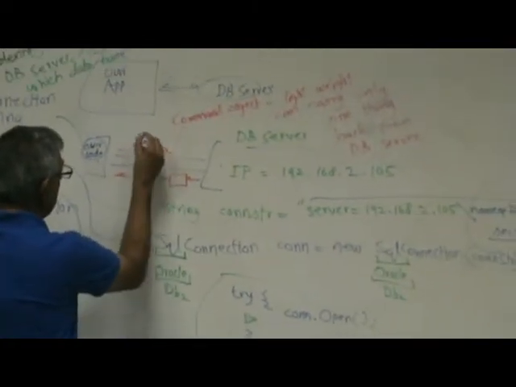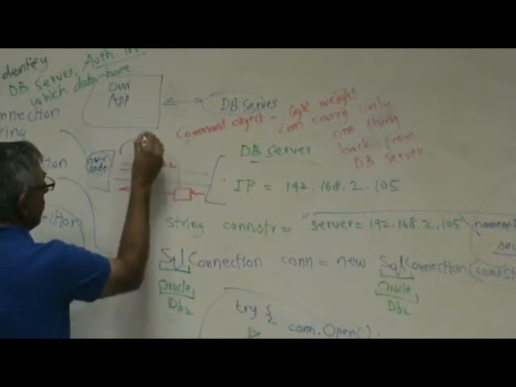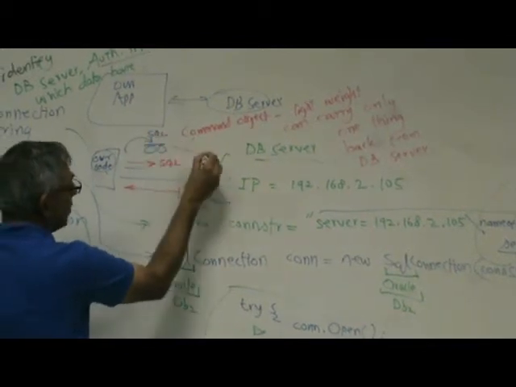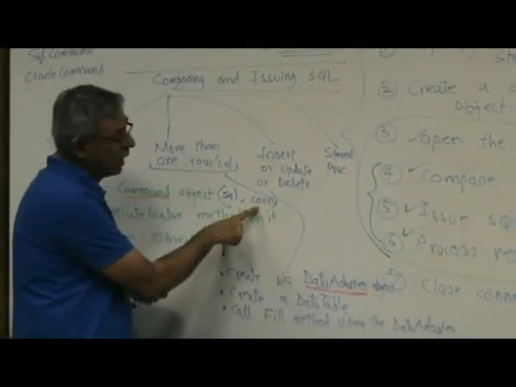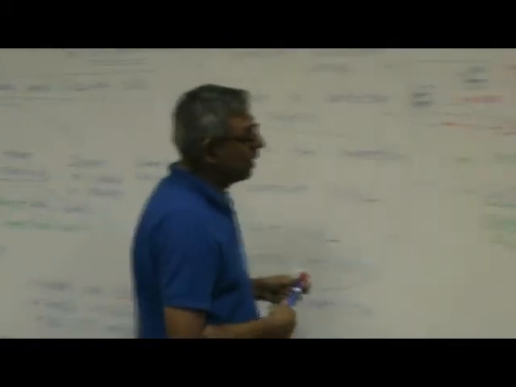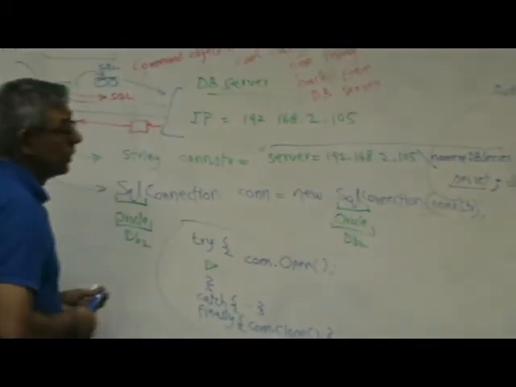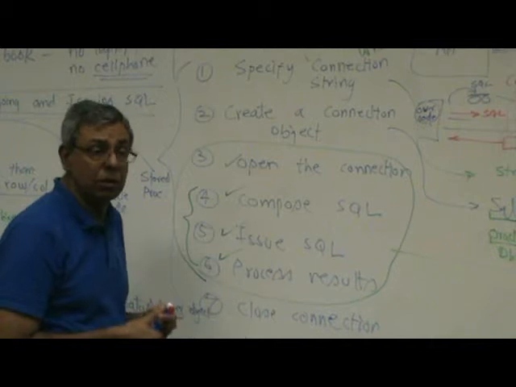So motorcycle, whatever the picture is, we tell the motorcycle what SQL to carry to the database server, right? We also tell it the connection, because remember, connection object has all the information, meaning which machine to go to, how to identify itself, and what database to issue the SQL to, right?